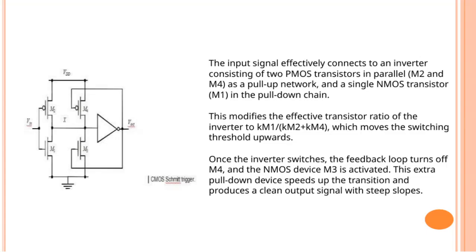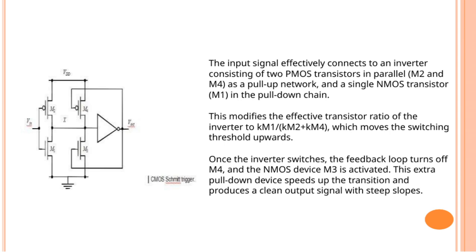Here, the input signal is connected to an inverter made up of two PMOS transistors, M2 and M4, arranged in parallel to form the pull-up network, and a single NMOS transistor, M1, as the pull-down device. This setup changes the effective transistor ratio to Km1 divided by the sum of Km2 and Km4, which shifts the switching threshold higher.